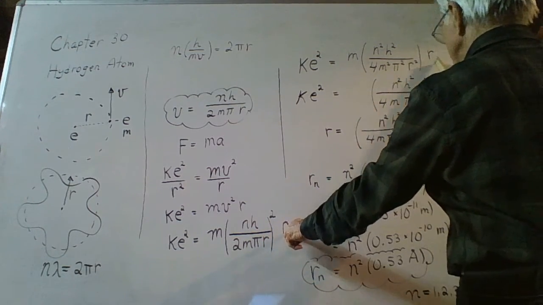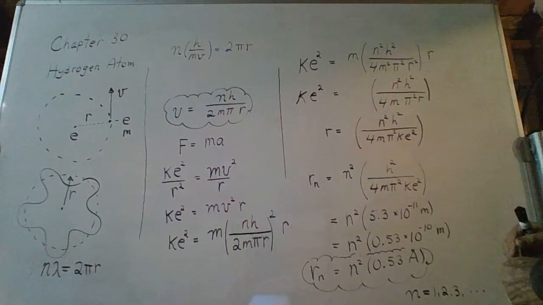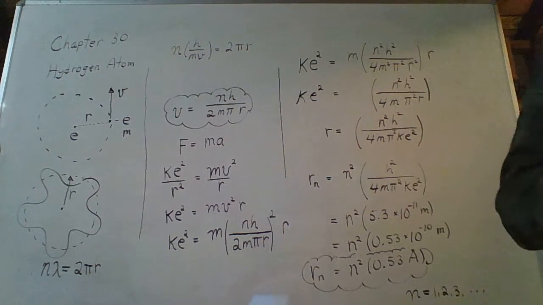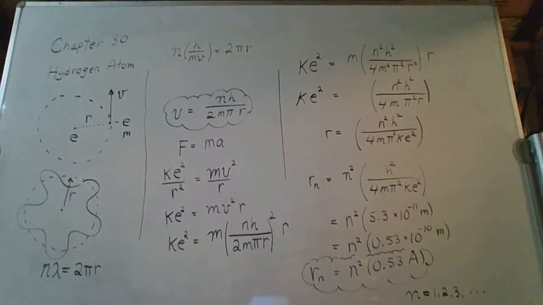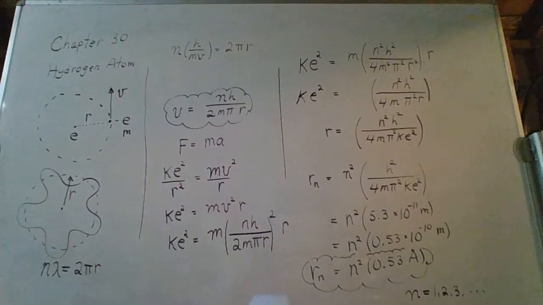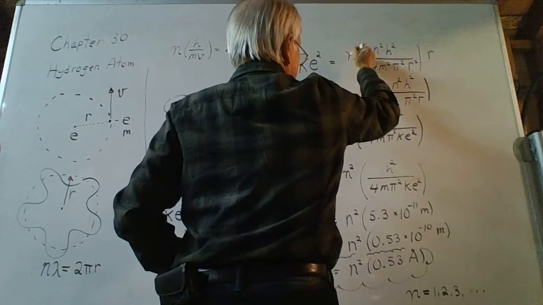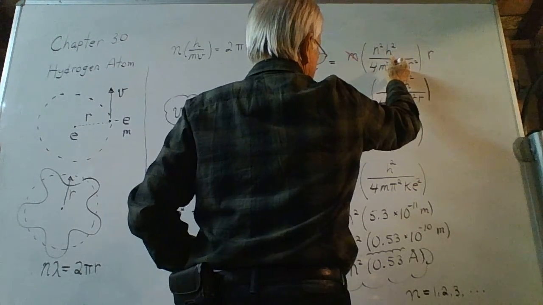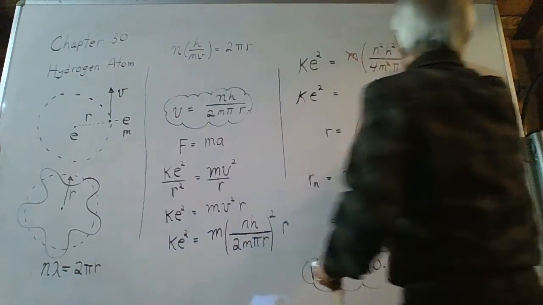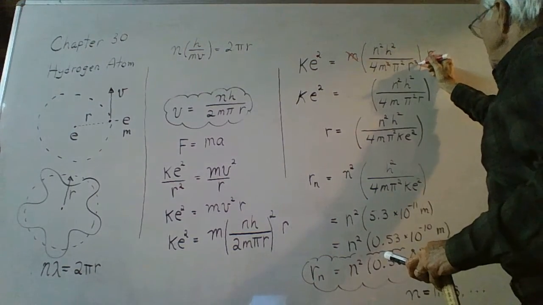Don't forget the r outside. Well, some cancellation occurs. You should be able to see that m cancels one of those m's there, and that r cancels one of the r's there.